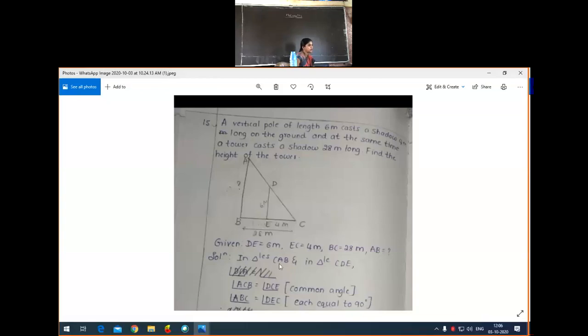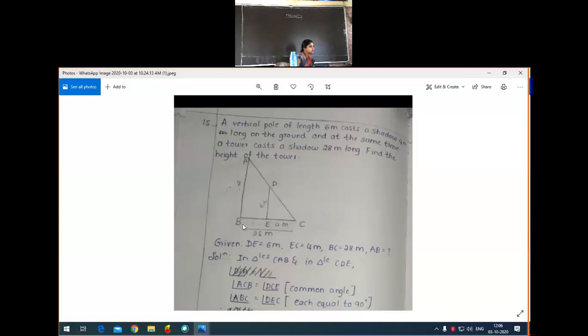You all know how to solve this type of problem. First we take the whole triangle and another one is this small triangle. We solved this type of problem in the example section. In triangle CAB and triangle CDE, first prove the similarity of these two triangles. Very simple.